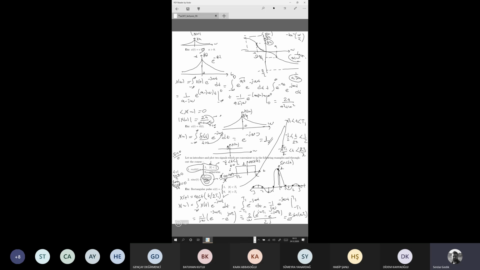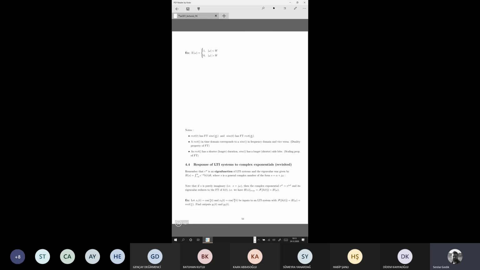Well, we will actually make this look better. Let me do some trick. It is 2t1 times sine omega t1 over omega t1.